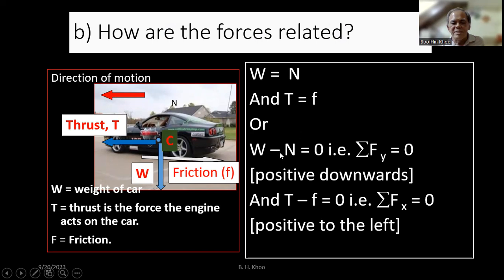W minus N, that means you take positive as upwards. Or the equation, take the F across, T minus F equals 0, or sum of forces in the x direction is 0. Positive to the left. It's up to your choice. You can take positive to the right if you want to. It's your matter of choice.